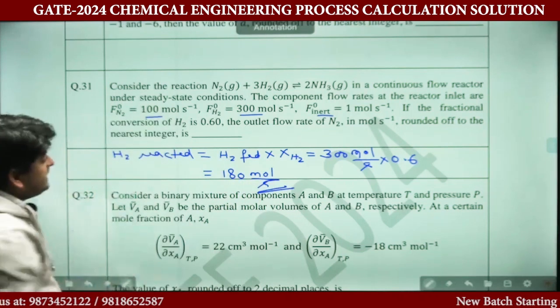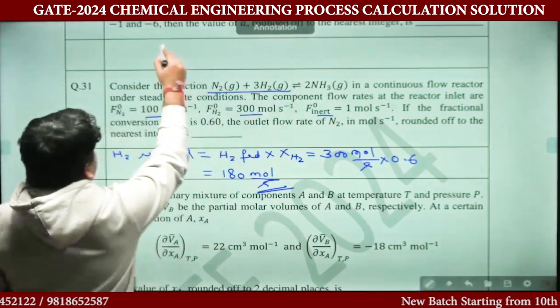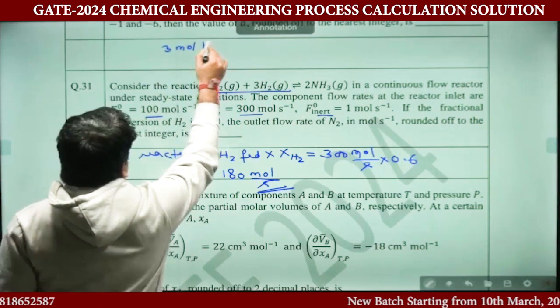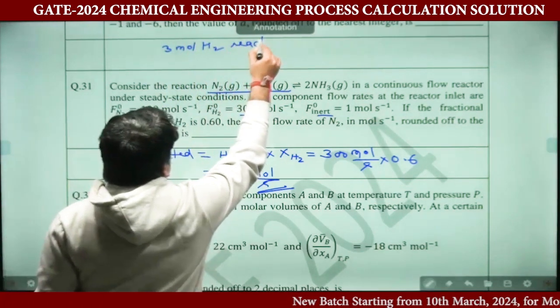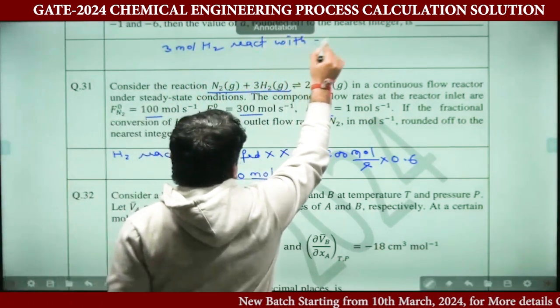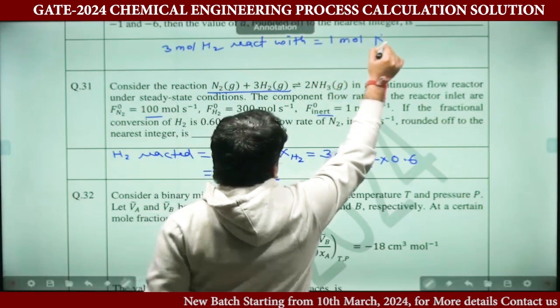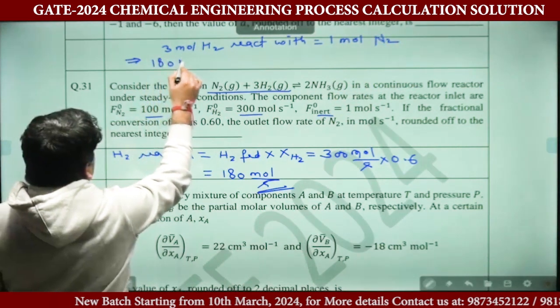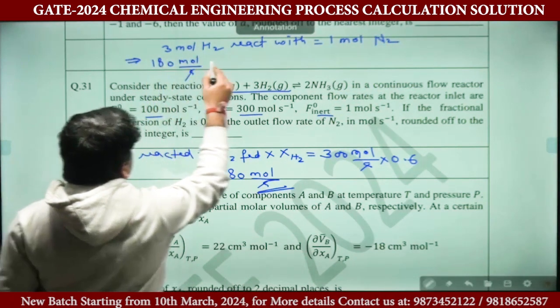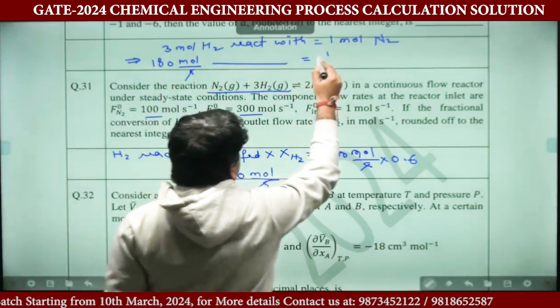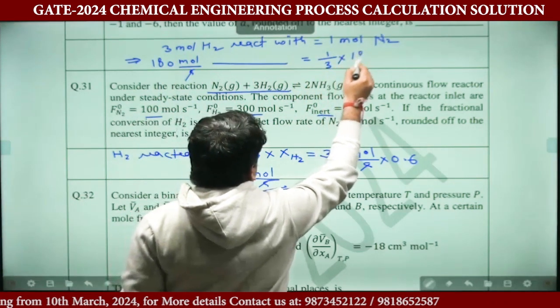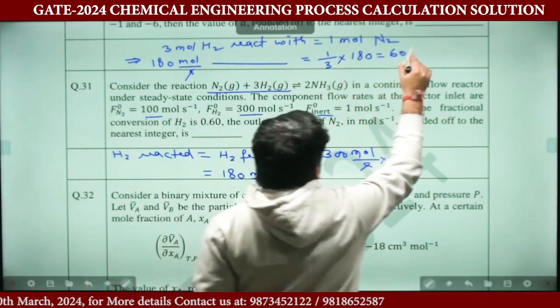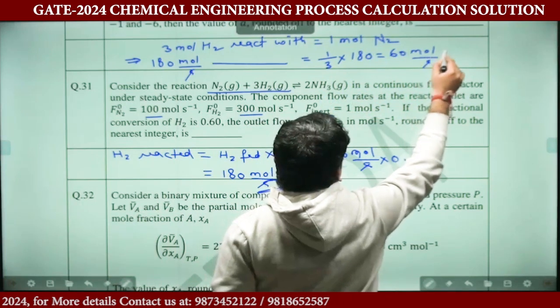And from the reaction it is obvious that 3 moles of hydrogen react with 1 mole of nitrogen. So 180 mole per second of hydrogen will react with 1 by 3 into 180, that is 60 mole per second of nitrogen.